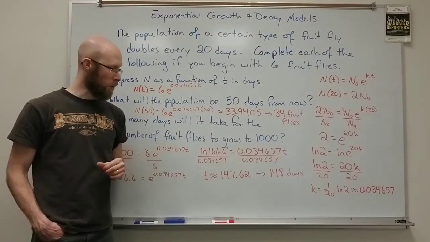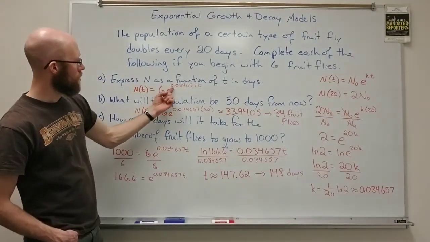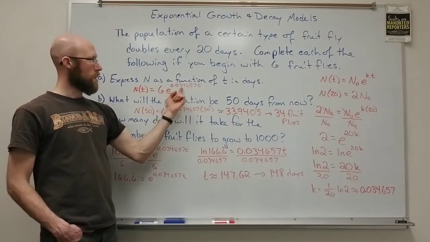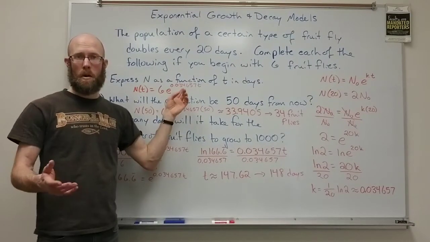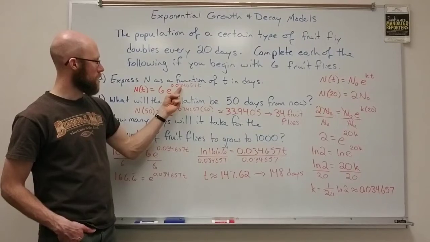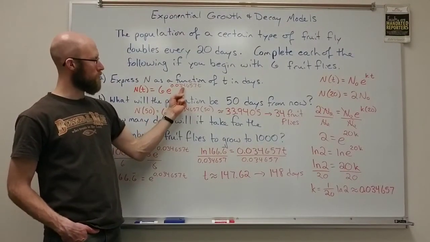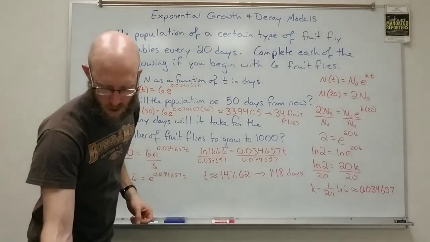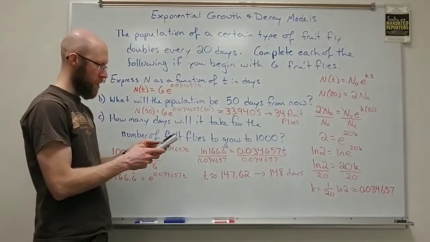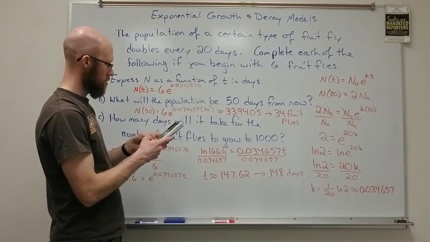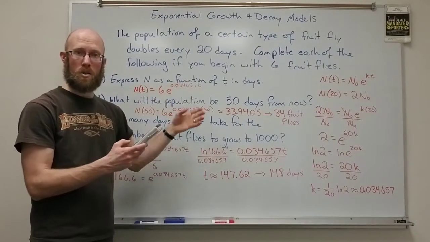Now, one other thing I did want to point out is that even though this k value is 0.034657, your textbook may, and my math lab, may want you to use this as a 3.5 roughly percent increase. Whereas in actuality, the percent increase is e to that power minus 1.